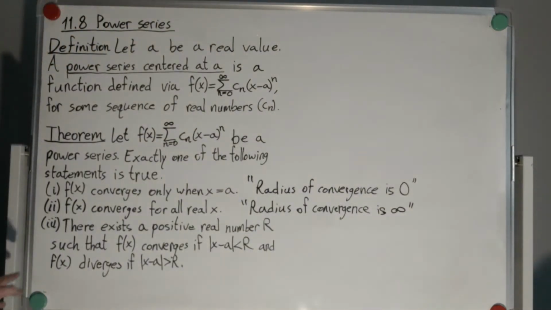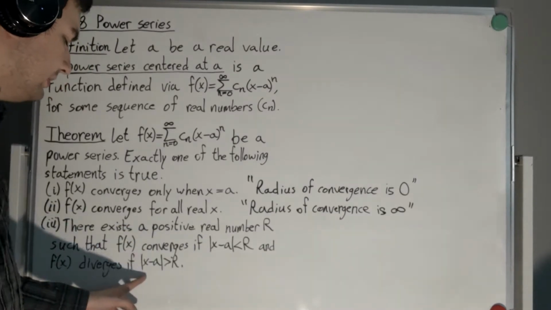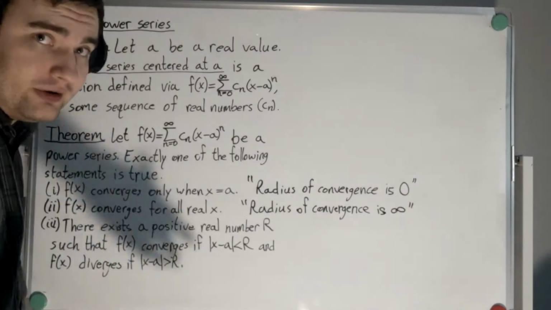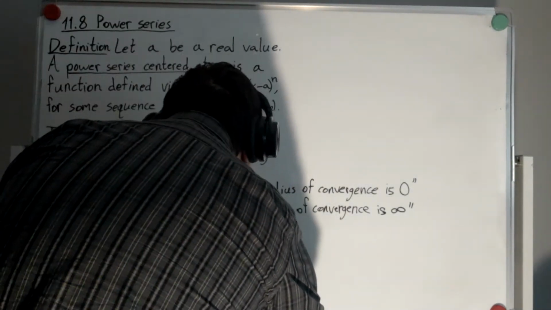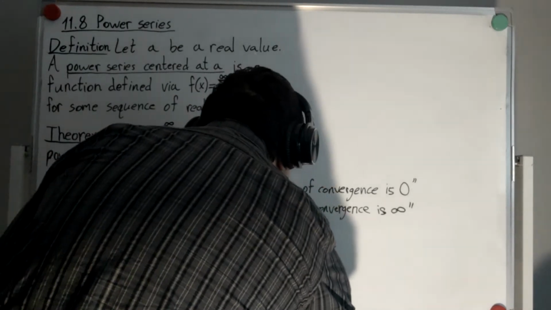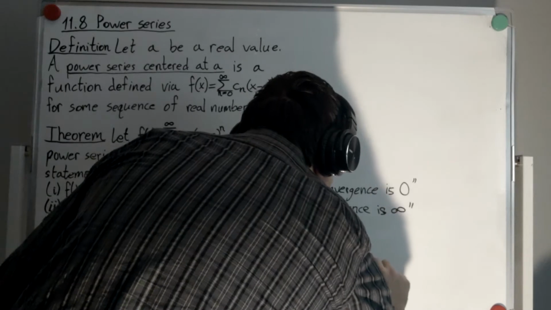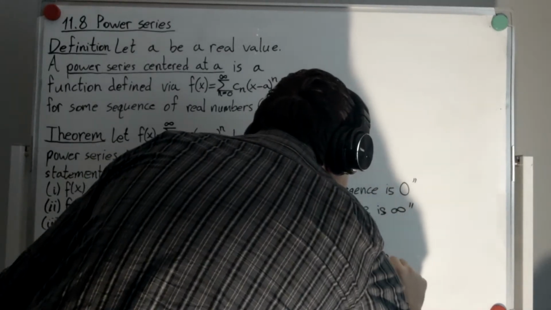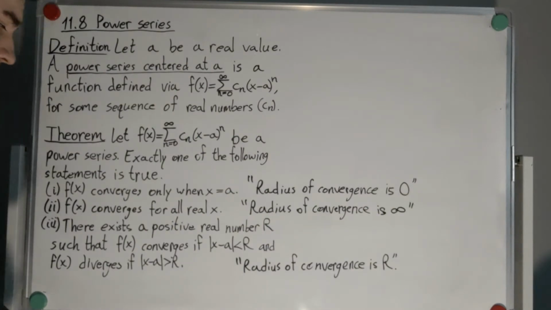And if it converges whenever the absolute value of x minus a is less than R, but diverges whenever it is greater than R, then we say the radius of convergence is R.